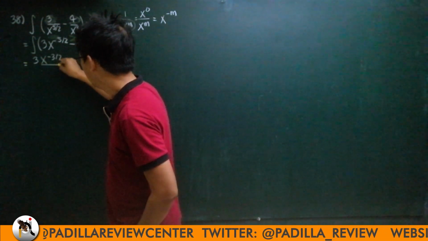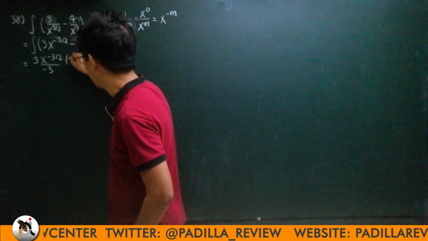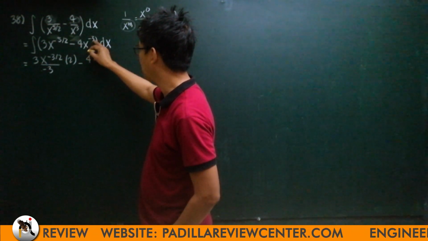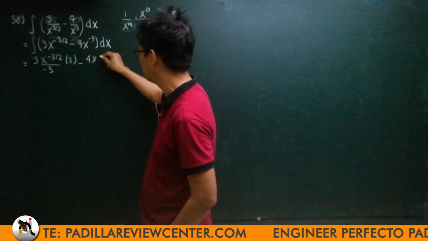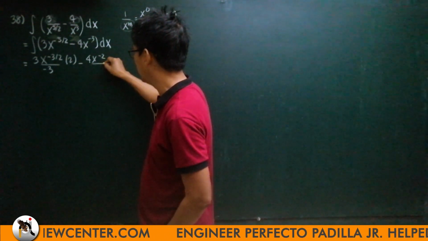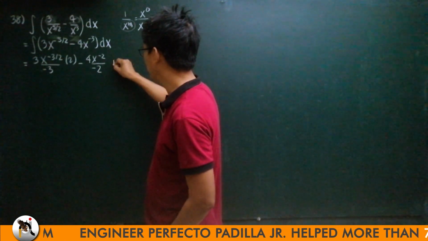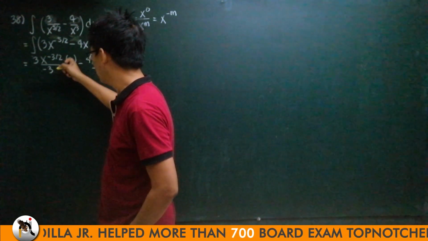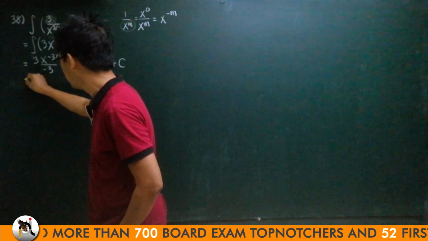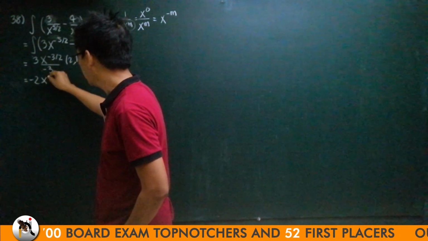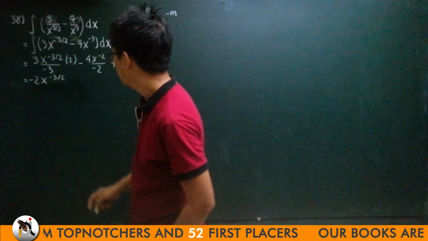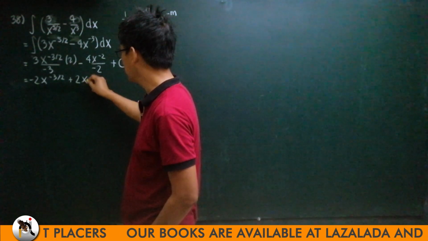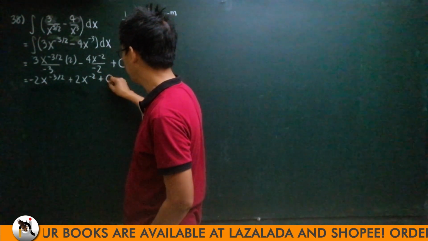So, over minus 3/2. Okay? Minus 4 x to the minus 3, it would be minus 3 plus 1, minus 2, over minus 2. Don't forget C. 3 and 3 will cancel. 2 over negative, so it's negative 2 x to the minus 3 halves. Minus 4 over minus 2, that is plus 2 x to the minus 2 plus C.